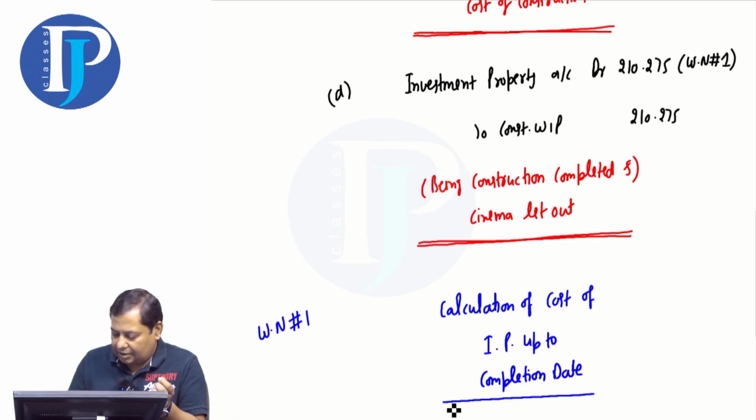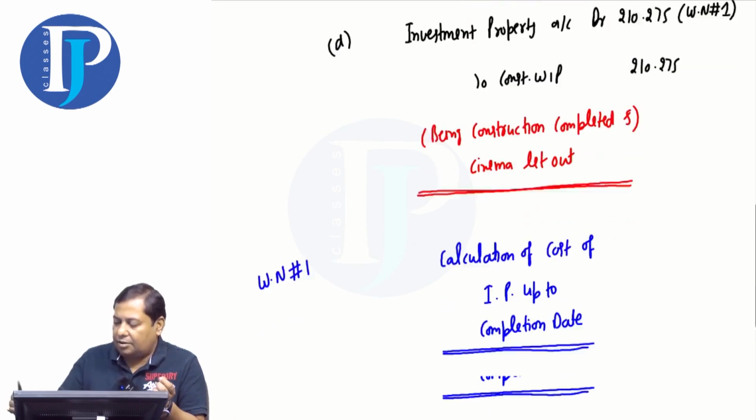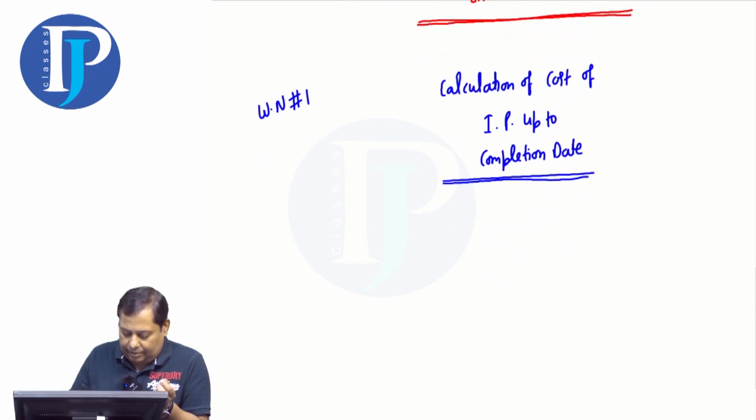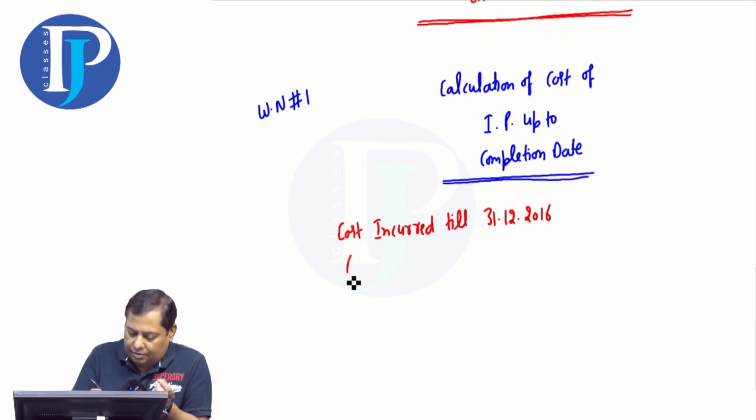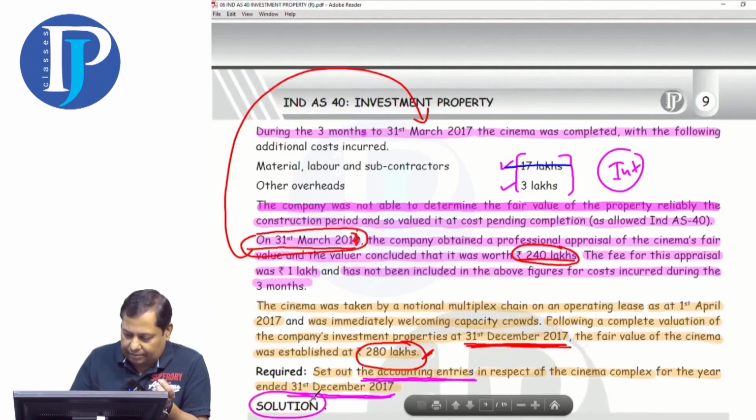We want to see that until the work is completed, what could the total cost be? So first we'll write cost incurred till 31st of December 2016. How much cost have we incurred?